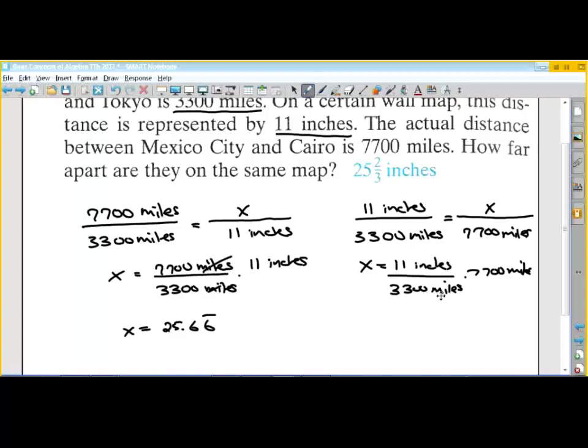And if you look at the units, you'll notice the units for miles cancel out as well as here. So the final units on the answer have to be inches to be correct. And you'll get the same number over here, 25.66 inches.